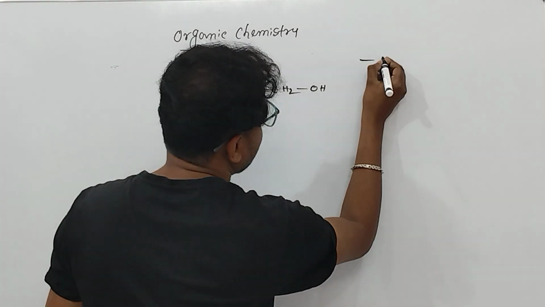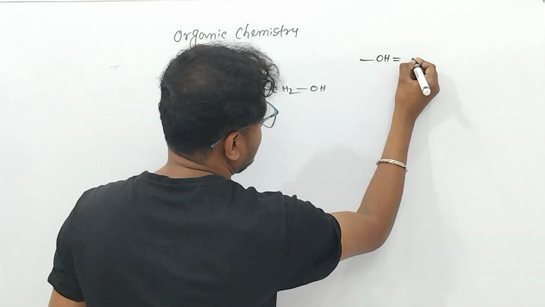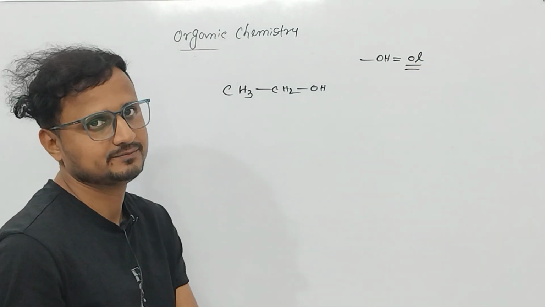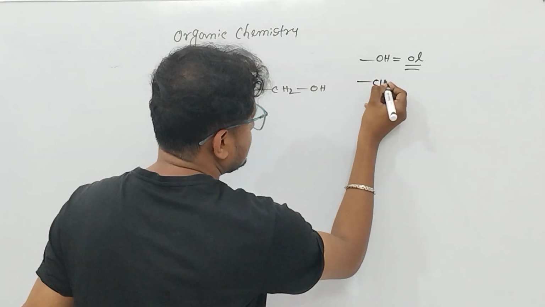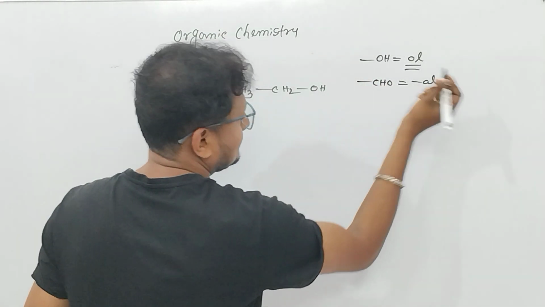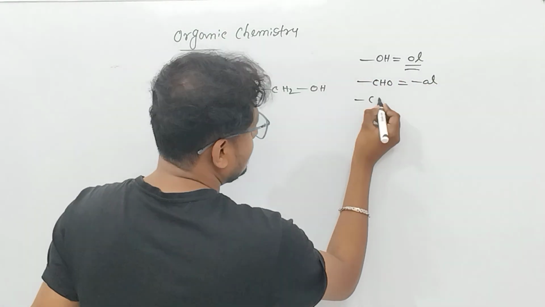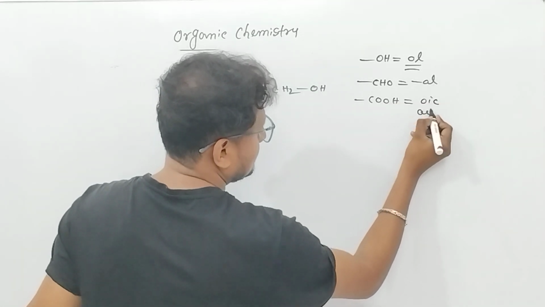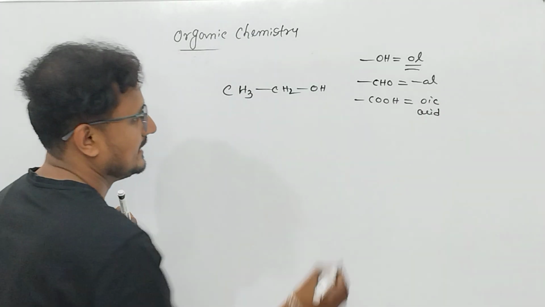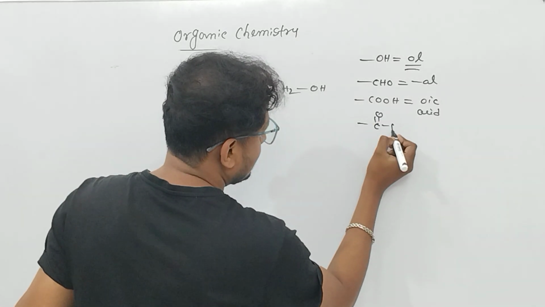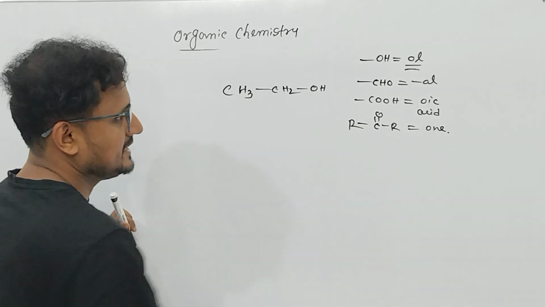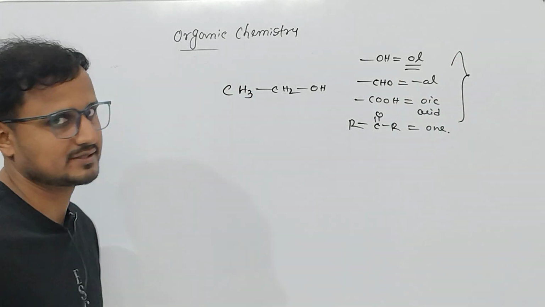Let me tell you, if OH is present in a compound, for IUPAC nomenclature it will end with ol. If CHO is there, it will end with al. If COOH is there, it will end with oic acid. And if C double bond O, a ketone, is there, it will end with one. Now these three are there in the syllabus.